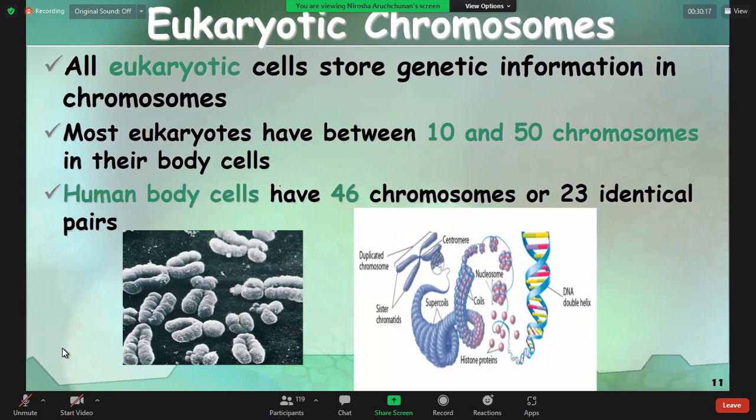Eukaryotic chromosomes: all eukaryotic cells store genetic information in chromosomes. Most eukaryotes have between 10 to 50 chromosomes in their body cells, and human body cells have 46 chromosomes. Otherwise, we can say 23 identical pairs, right?